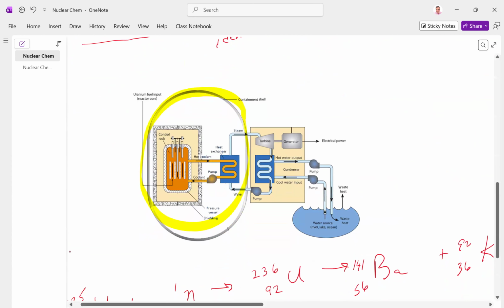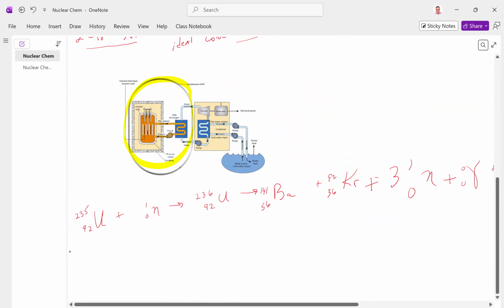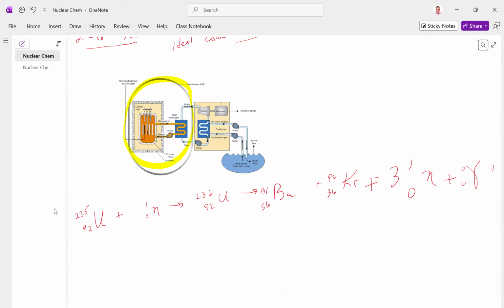Now notice the nuclear appears to be simpler. Well, yes and no. Okay, here is the chemistry. Let's go over the chemistry here. So we're starting with what is called enriched uranium. Okay, there's two kinds of uranium, uranium-238 and uranium-235.